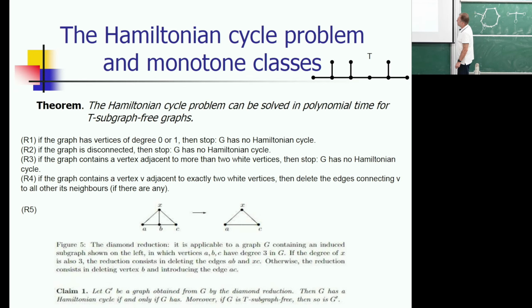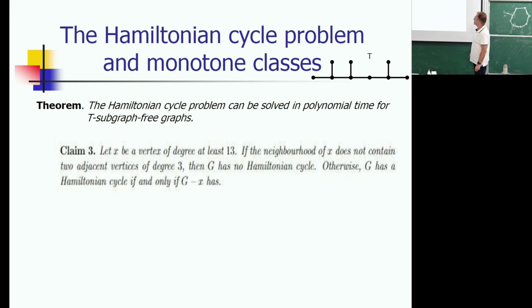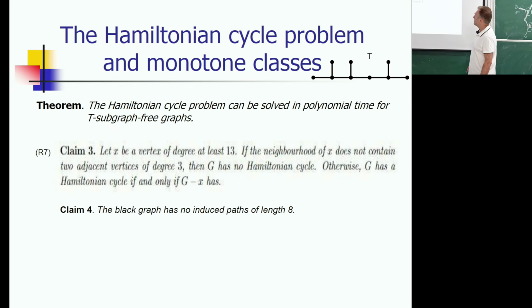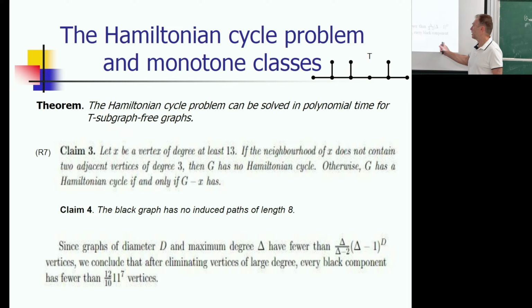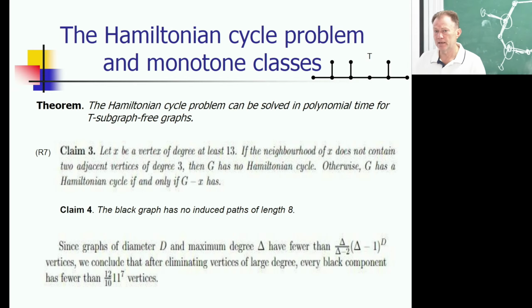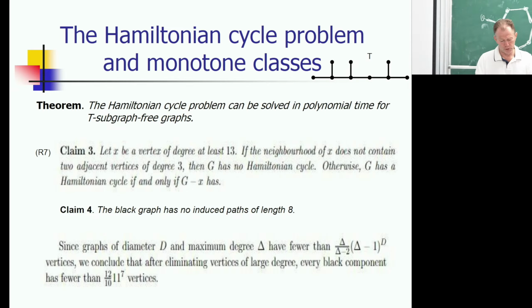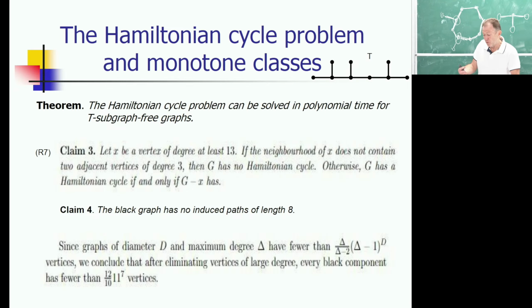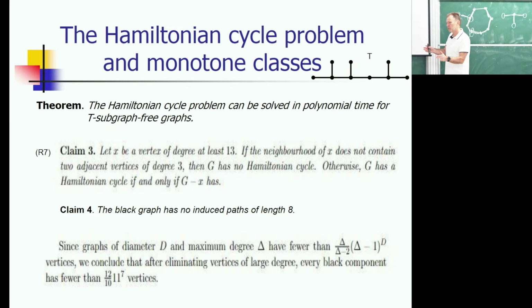Then perhaps I will skip some other reductions up to this point where we conclude that we reduce the graph to the form where every connected component has a bounded size.